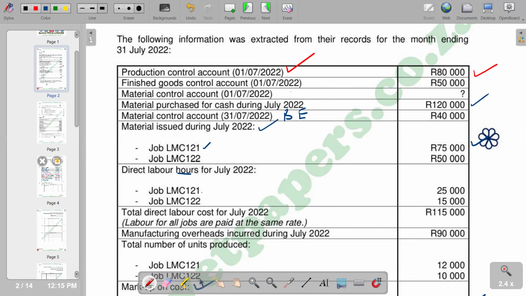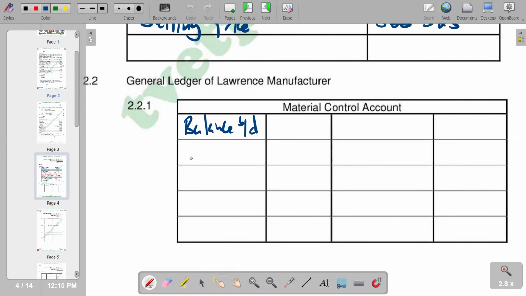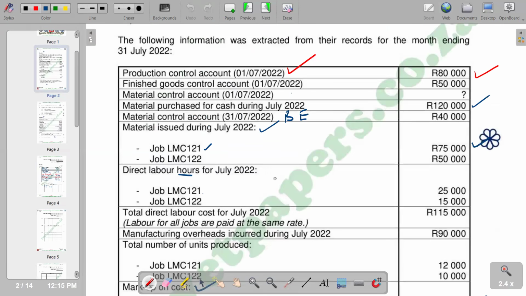So we come here and we say bank, and the amount that we have is 120,000. So we check in terms of other entries. We do have material issued.